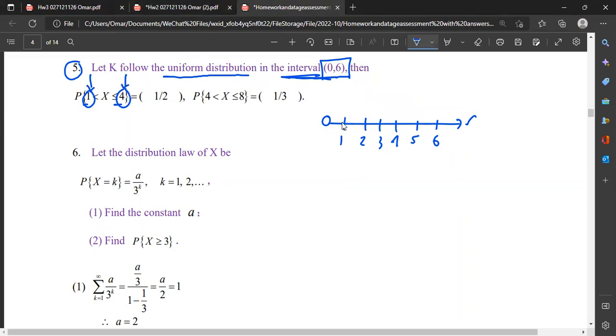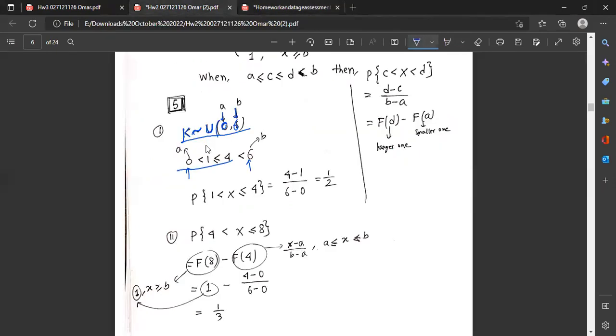That means from here to here, so this part is between our interval. Our interval is 0 and 6. So that's why we write 1 and 4 in between 0 and 6, okay?